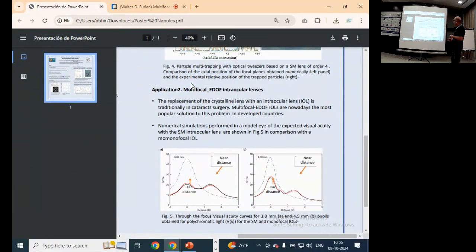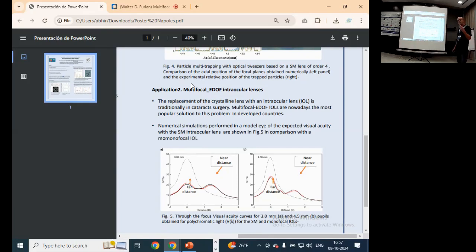But the transition between one focus and the other focus is very smooth. And this means that a person who is operated with this kind of lens can see very clearly at far distance, very clearly at near distance, and with relatively good visual acuity at the intermediate distance between far and near.